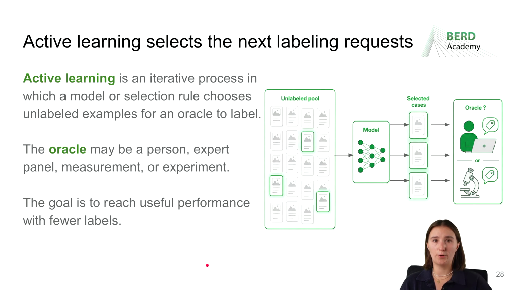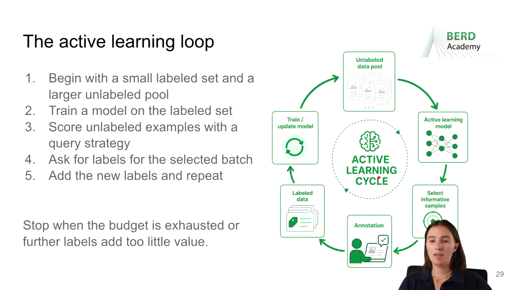Specifically, the active learning loop, since it's basically continuously labeling new data, retraining models, and so on, looks like that. We start with a small labeled data set. So, for example, in the beginning, we just randomly select some samples and annotate those. With those samples, we train our machine learning model. We use this model to predict the labels of the unlabeled data pool.